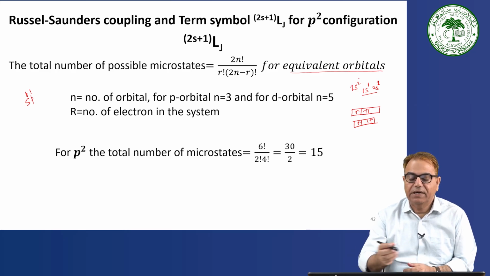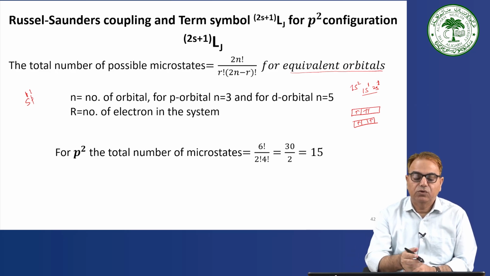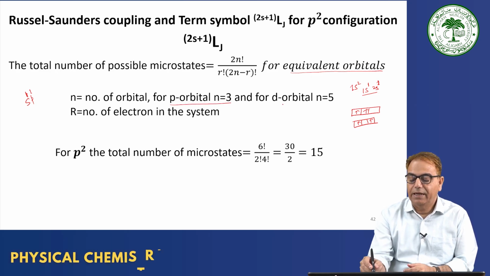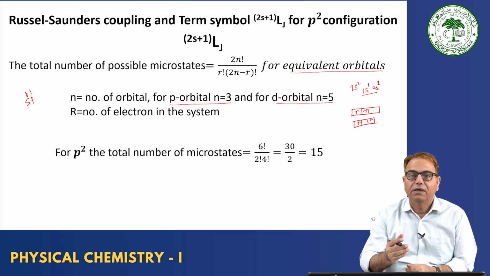So if you have equivalent orbitals, the total number of microstates is given by this formula, where n is equal to 3 for p orbitals and n is equal to 5 for d orbitals. If you don't remember, just remember that the number of boxes you draw for the orbitals is given by n, and r is the number of electrons present.